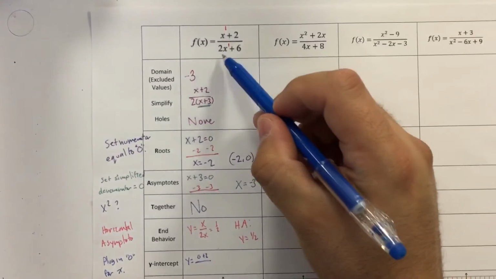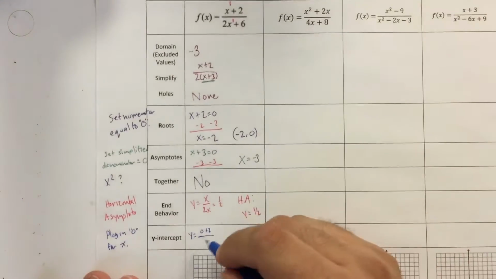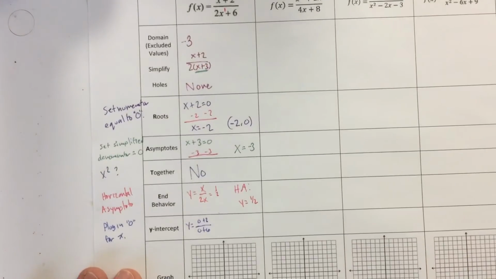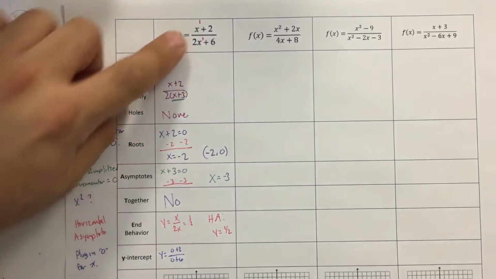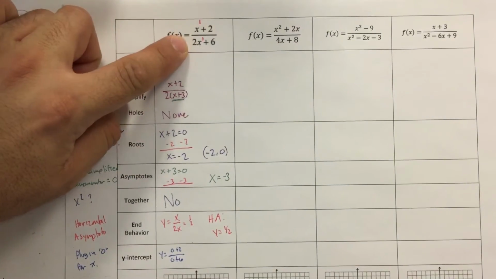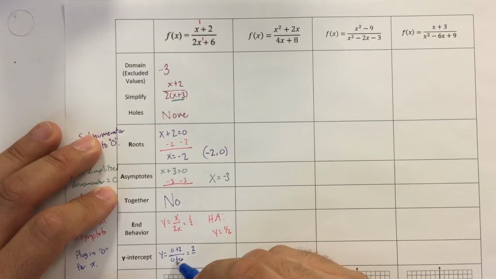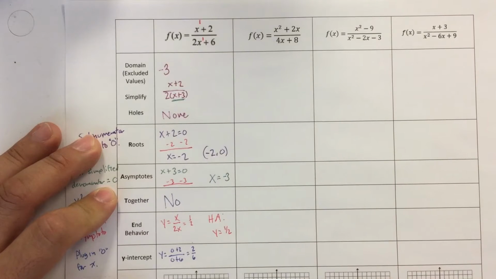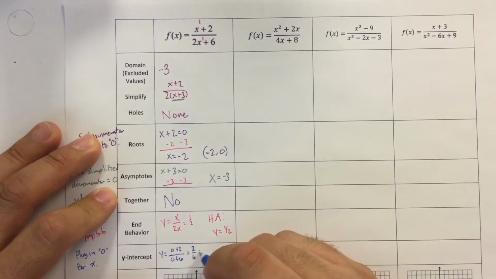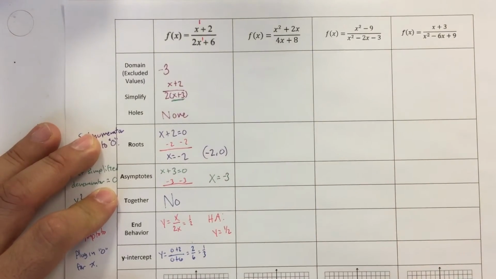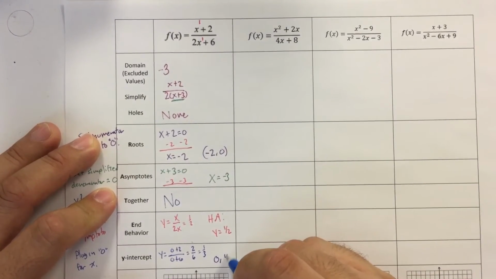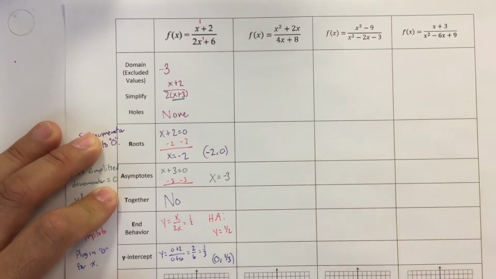On the bottom it's 2 times 0, which is 0, plus 6. Any questions on how I did that? 0 plus 2 is 2. 0 plus 6 is 6. What is 2 divided by 6? It's not 3. Try again. 1/3. There you go. Good job. So my y-intercept is 0, comma 1/3.